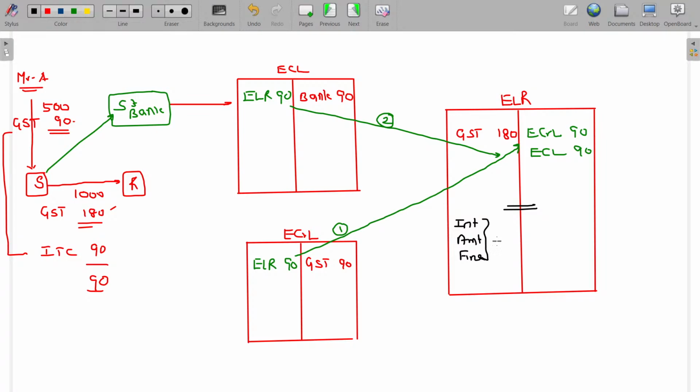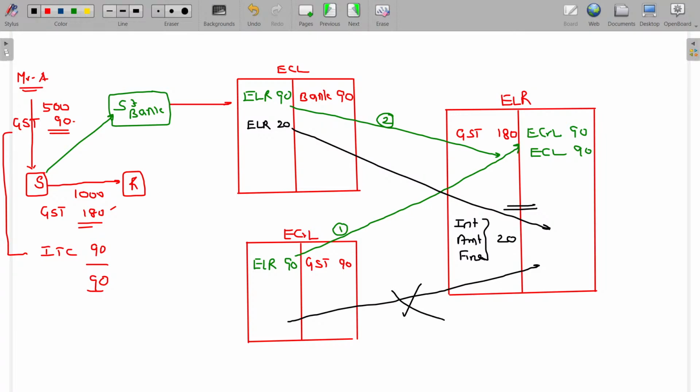If all these things come to rupees 20, how can I make this payment? This payment can be done only through the electronic cash ledger. So electronic liability register, 20 rupees. And for this payment, can we use the electronic credit ledger? No, we cannot use it.